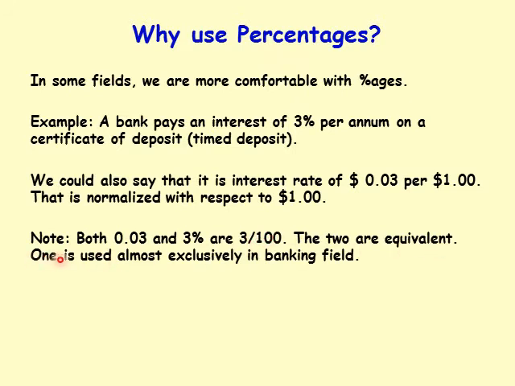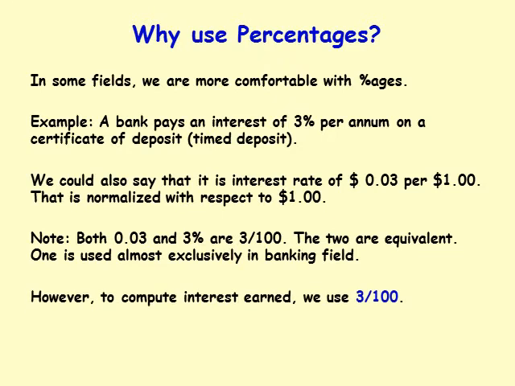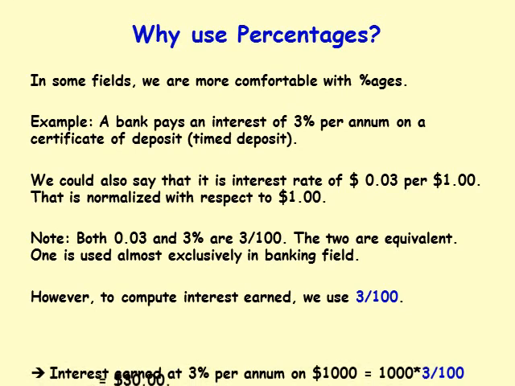One is used almost exclusively in the banking field. We feel more comfortable in the banking field expressing interest in terms of percentages. However, to compute earned interest, we use 3 divided by 100, not the percent form.